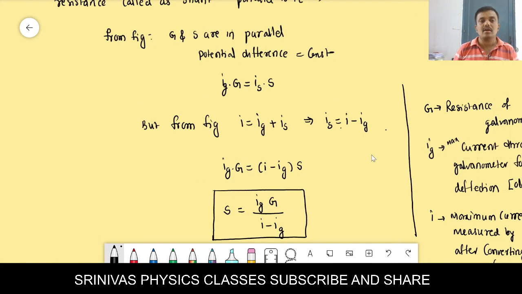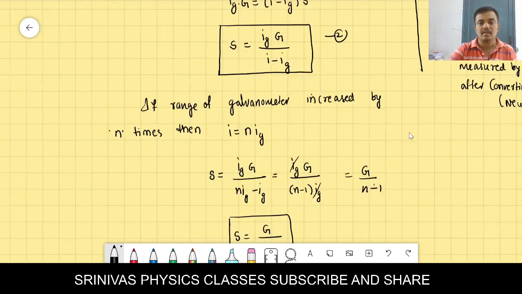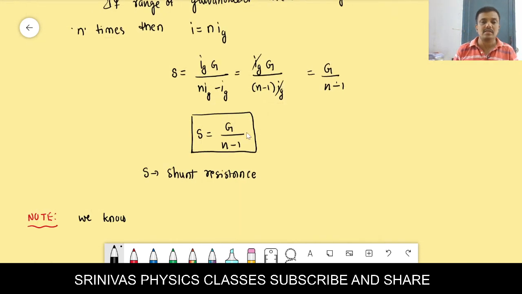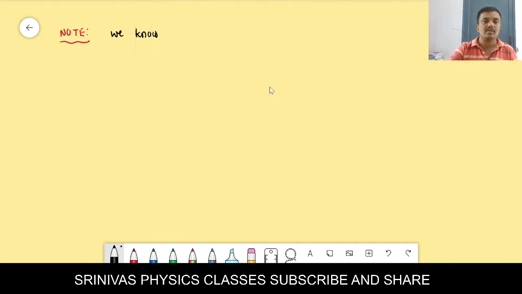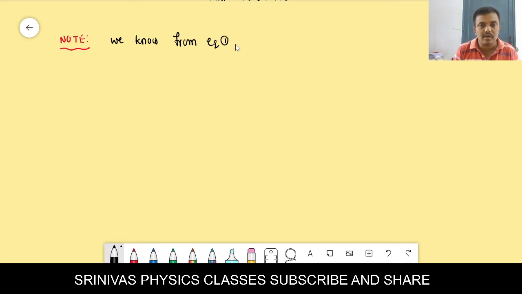This is equation 1, this is equation 2, and this we can take as equation 3. Now we write something that we know from equation 1: the potential difference across the galvanometer is equal to the potential difference across the shunt.